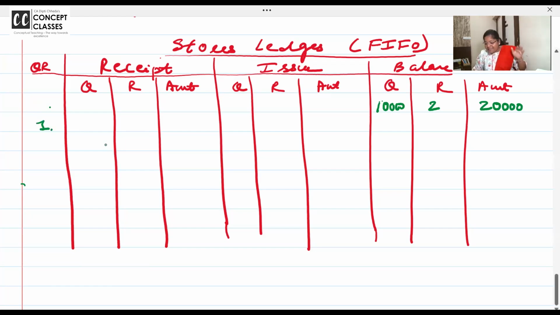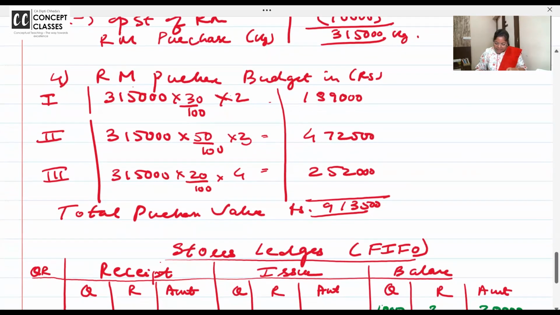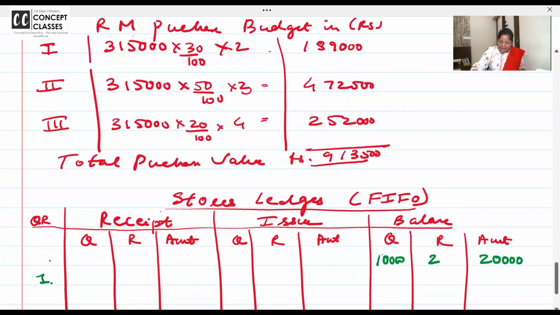Dear student, receipt is purchases. यहाँ से. Oh, I didn't write the quantity, na. 3,15,000 का 30%, 94,500, ये रेडी करके रख लो. 3,15,000 इन मेमोरी, उसका 50%, मतलब दिस इज द क्वांटिटी परचेस्ड.